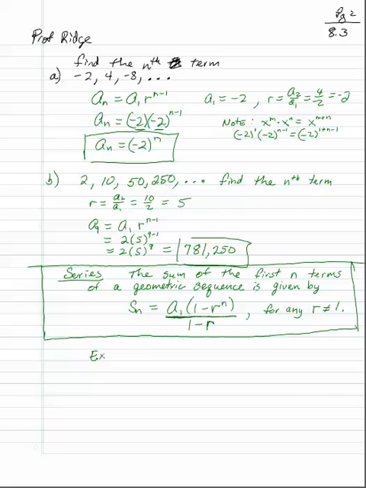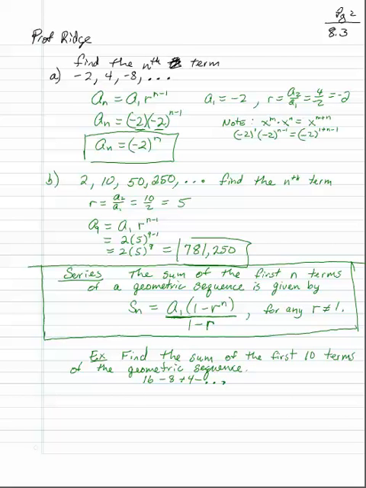Okay, so let's look at an example. We're going to find the sum of the first 10 terms of the geometric sequence 16 minus 8 plus 4 minus dot, dot, dot.